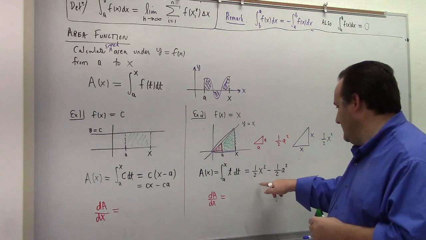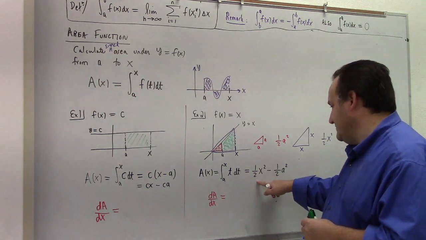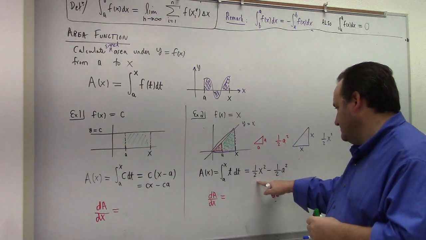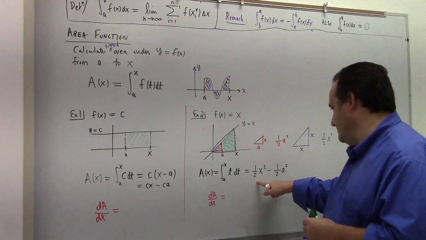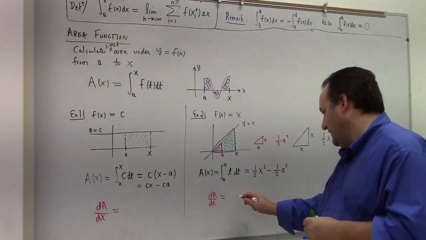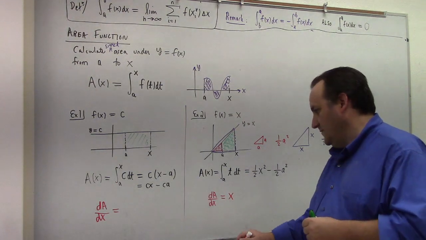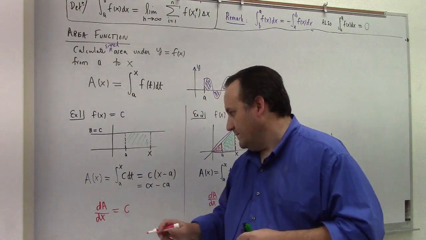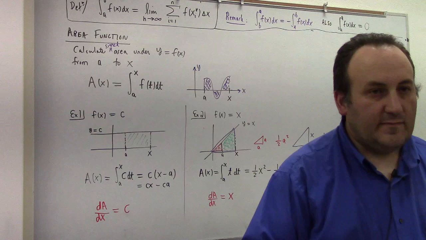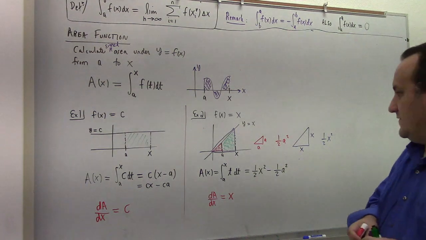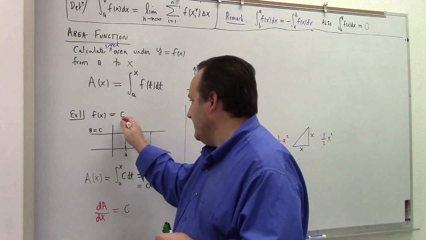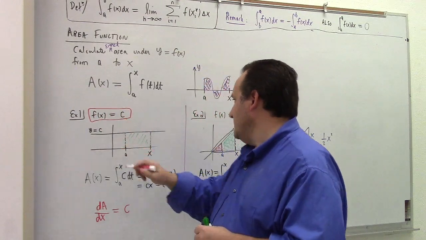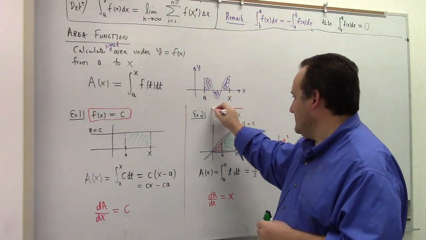How about this one? Differentiate this with respect to x, what do you get? x, right? Here you get c. Notice that we had f of x equals c for this one. We had f of x equals x for this one.